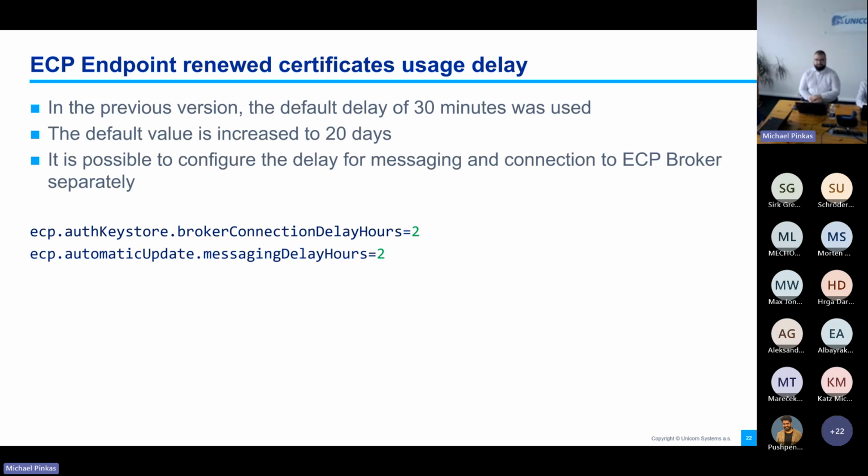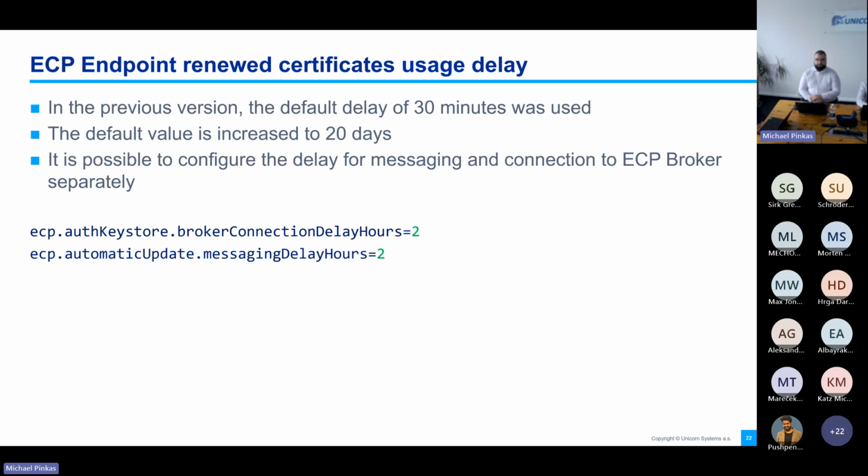Then we have already mentioned the delay properties for the newly renewed certificates on the ECP endpoint. Previously, it was 30 minutes before the renewed certificates were used. This value was now increased to 20 days.